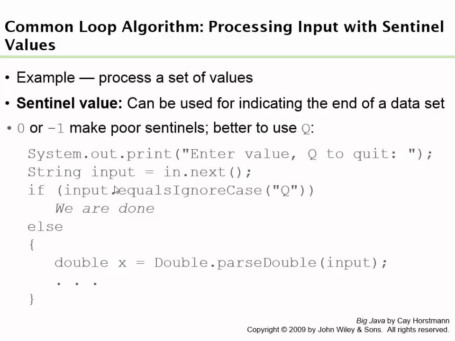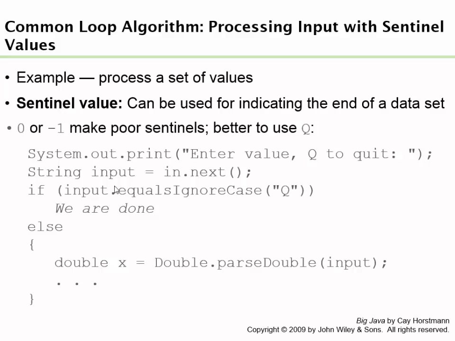Now, it says 0 and -1 make poor Sentinel values. It's better to use Q. So you tell them to say, enter a value, or type in Q to quit. First thing we do is we get the next thing. Remember, the next thing might be a number.